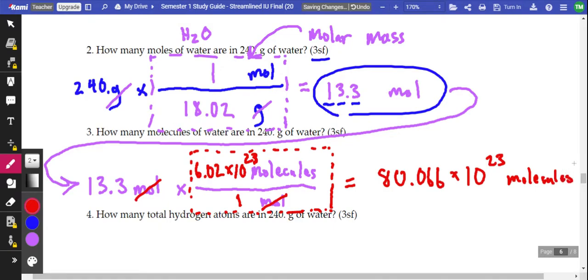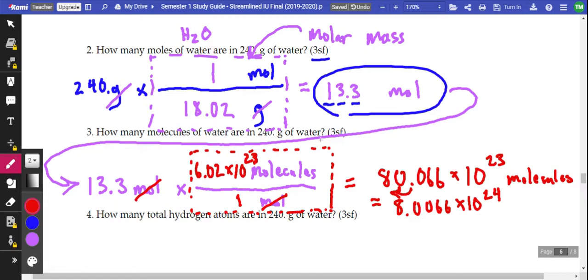And if you wanted to fix the scientific notation, bump this over one more, and this is also the same as 8.0066 times 10 to the 24th.